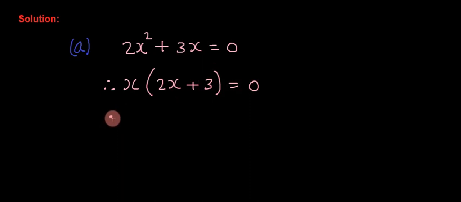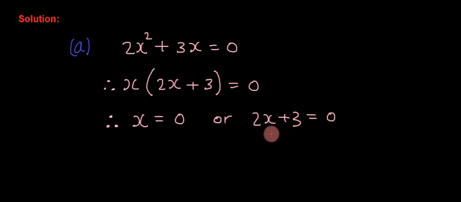Now we can use the zero product rule. So x is equal to 0, or 2x plus 3 equals 0. And we can solve for x here. We can first take the 3 to the right-hand side. And now we can divide the 2 into the right-hand side. So then x is 0, or x is negative 3 over 2.